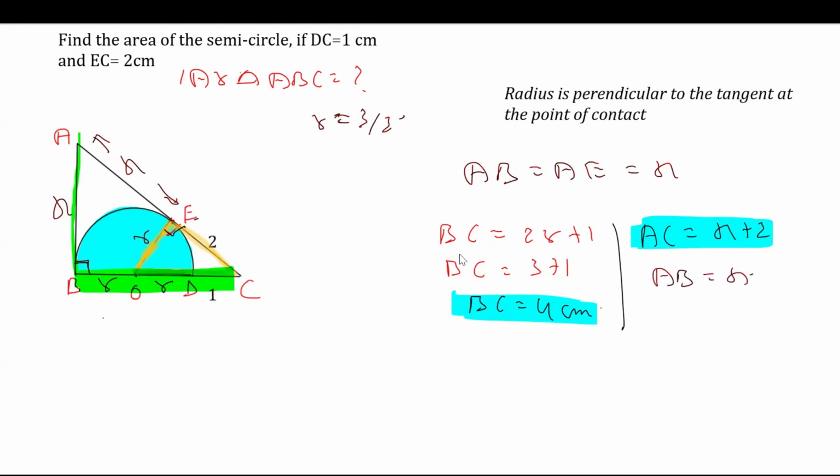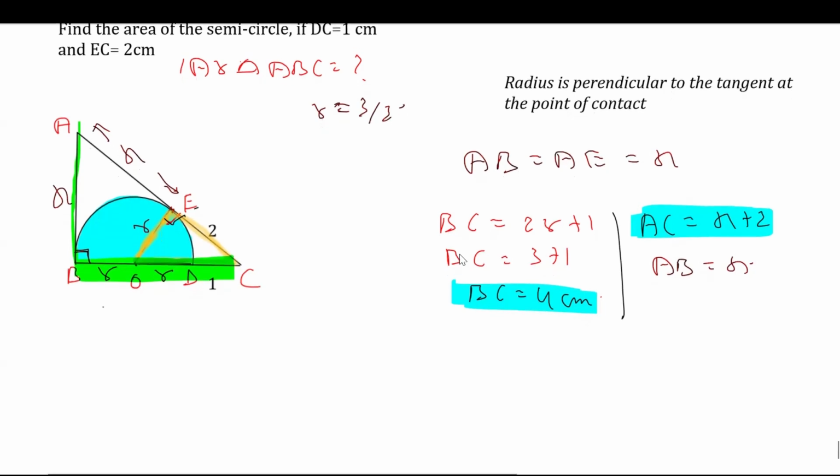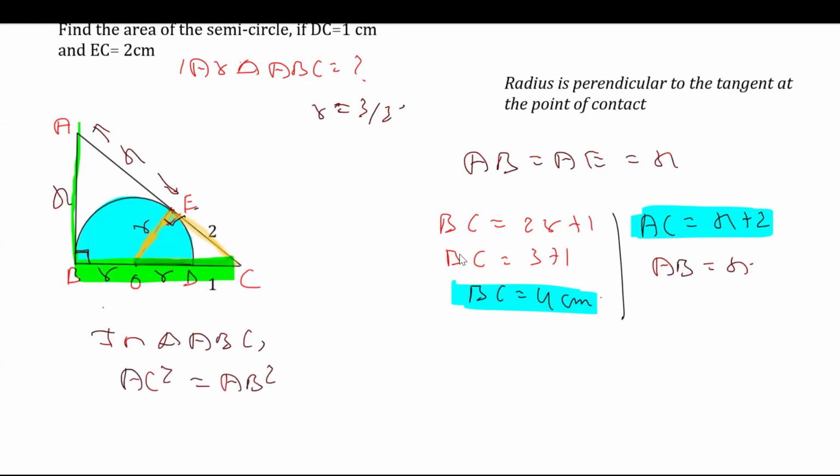Now I'm going to use the Pythagoras relation over here. So the triangle over here is triangle ABC. So in this triangle ABC, we can say the square of the hypotenuse, which is AC square, is equal to AB square plus BC square. AC, which is x plus 2 whole square, AB is x, and BC is 4, right?